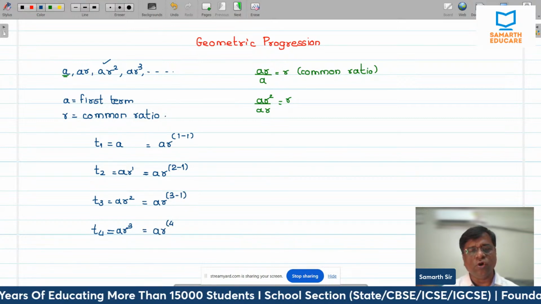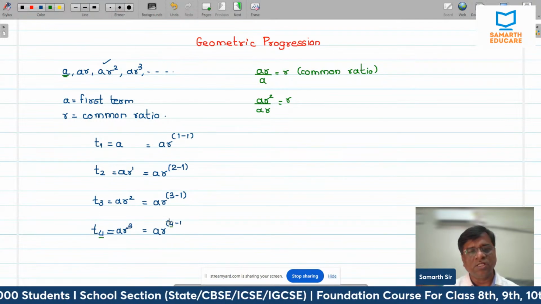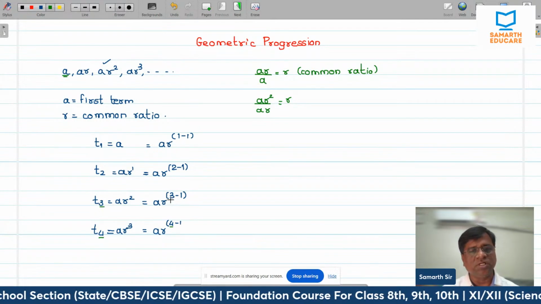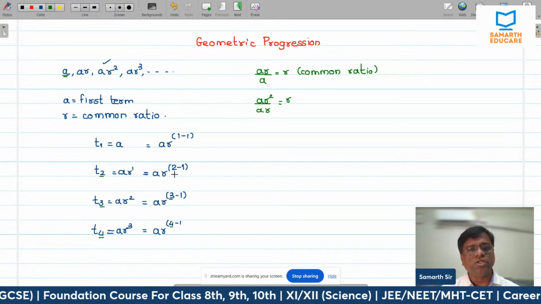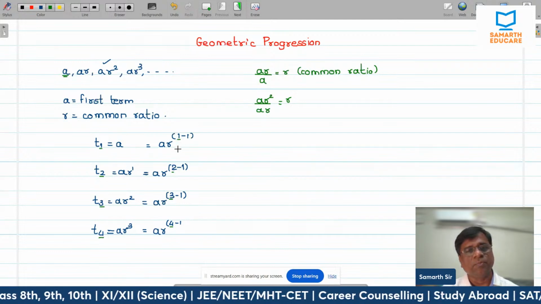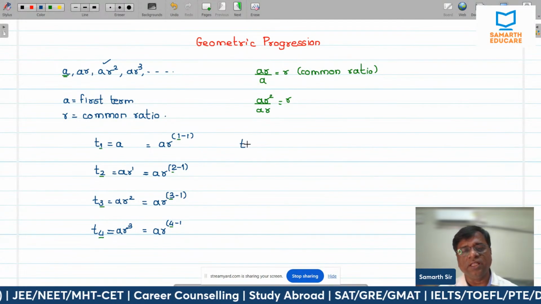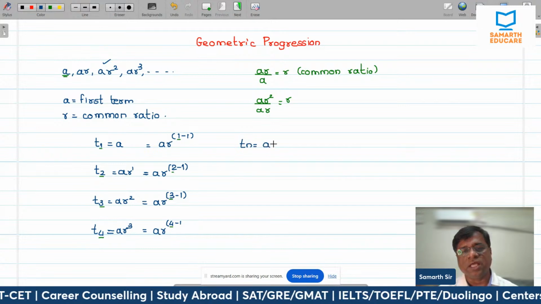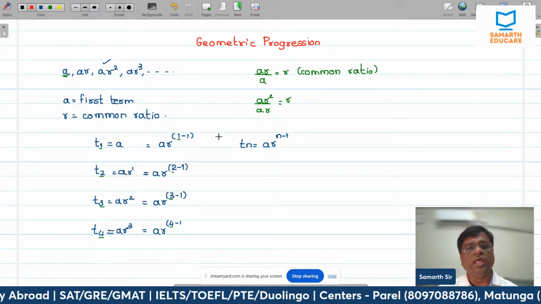So you observe, when I'm talking about the fourth term, it is 4 minus 1, the third term, 3 minus 1, the second term, 2 minus 1, and the first term, 1 minus 1. Hence, if I go on writing, the formula for the nth term becomes a r raised to n minus 1. This is the formula for the nth term.